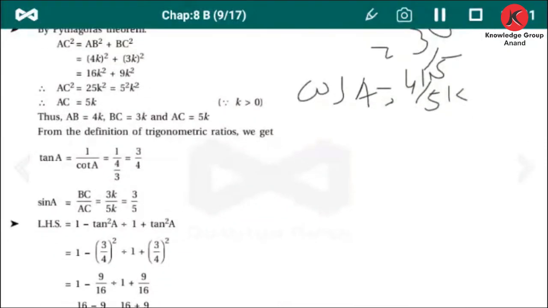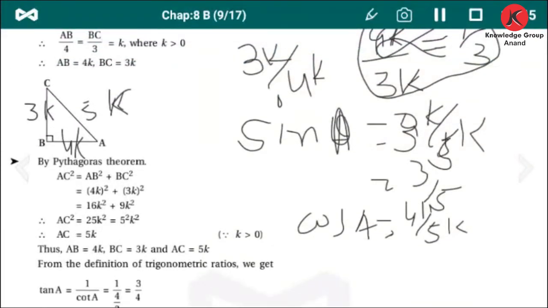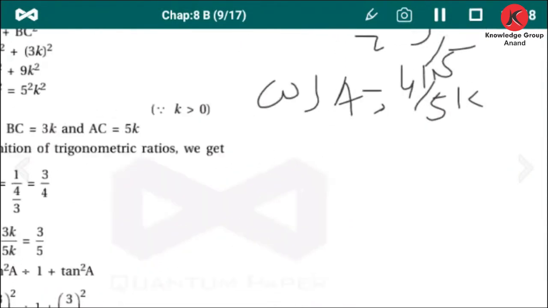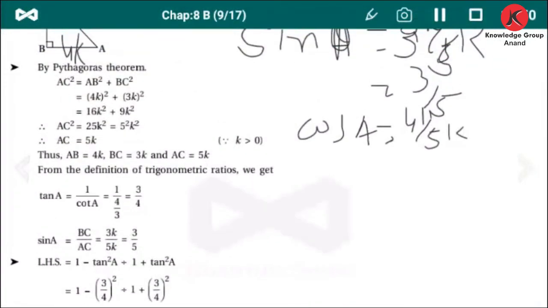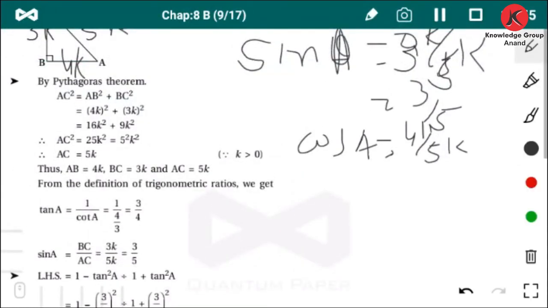Then sin is equal to 3 by 5, cos A is equal to 4 by 5. K is cut here.